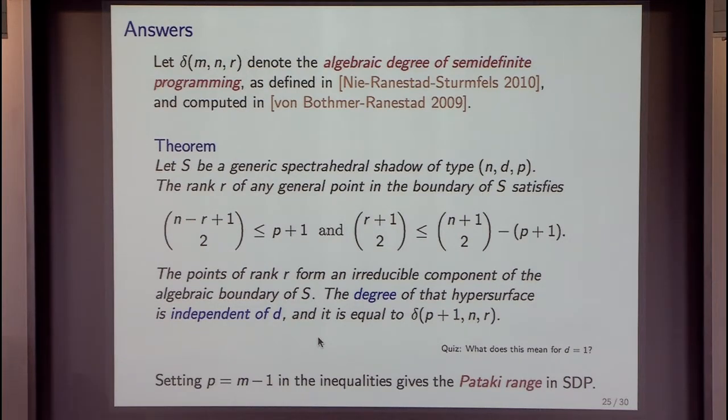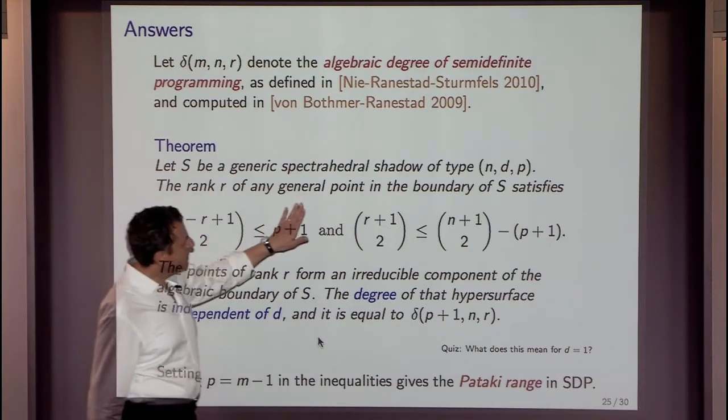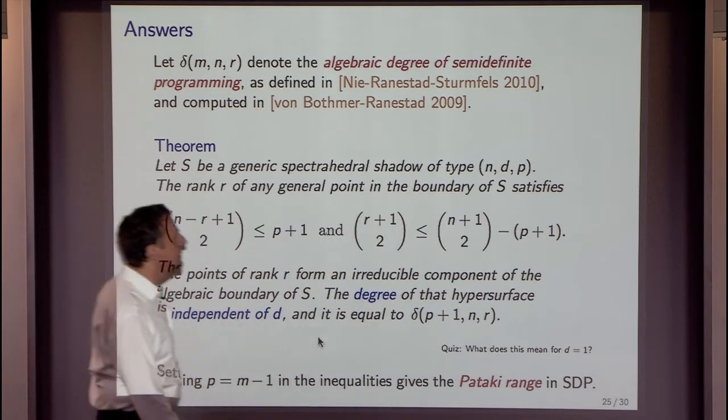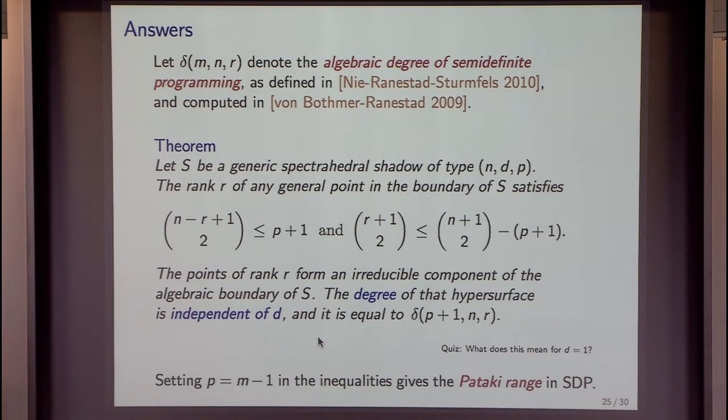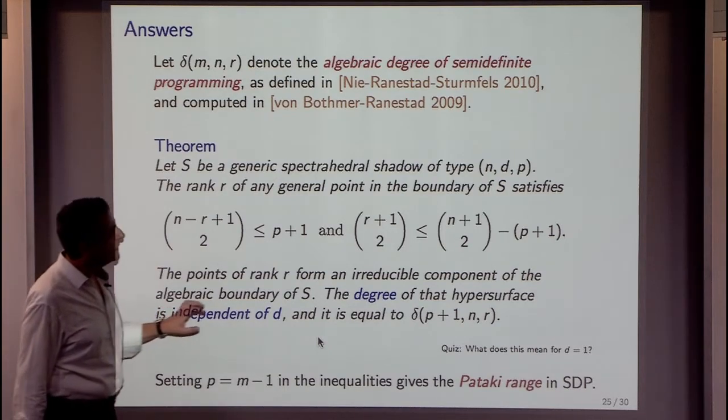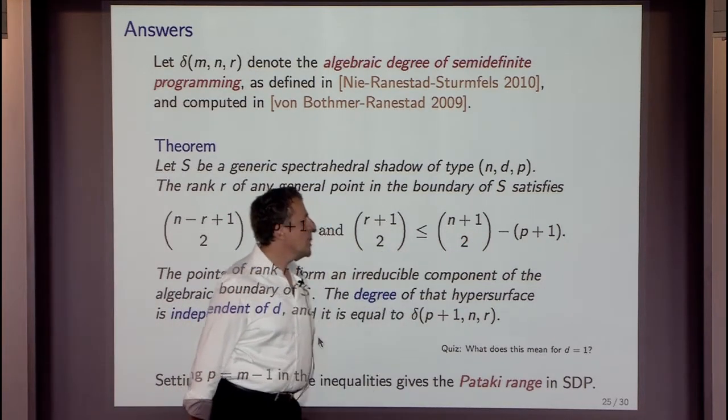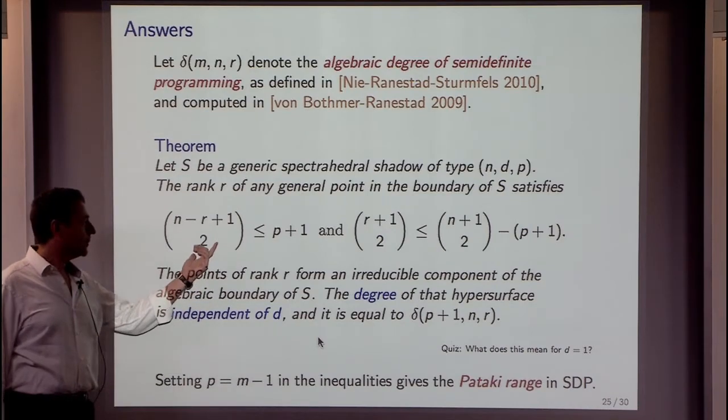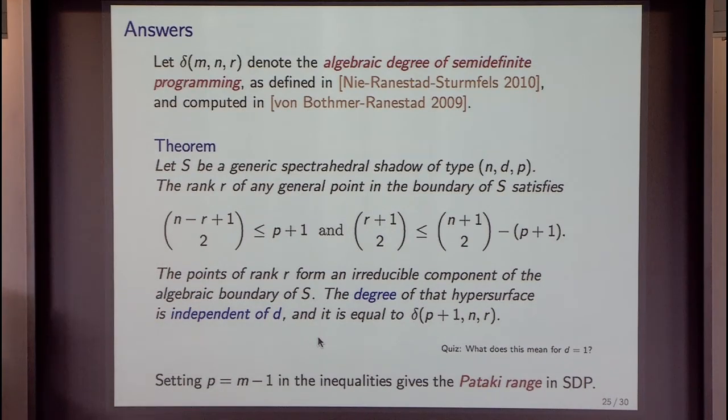So let S be a generic spectrahedral shadow of this type, n, d, p. And the theorem says that the rank of a general point in the boundary will be in some range. There will be an upper bound in terms of n and p, and a lower bound in terms of n and p, independent of d. That's sometimes called the Pataki range.